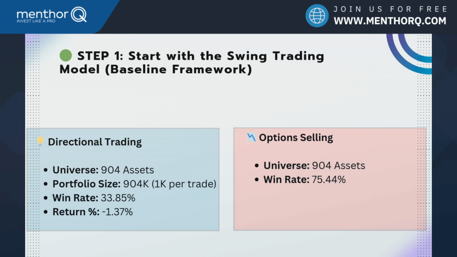And we looked at a portfolio size of $1,000 per trade. So the total portfolio size was 904K. The reason why we do that is because we want to have an equally weighted portfolio to understand the accuracy of the model. In this case, the win rate was 33.85% with a return of minus 1.37%.